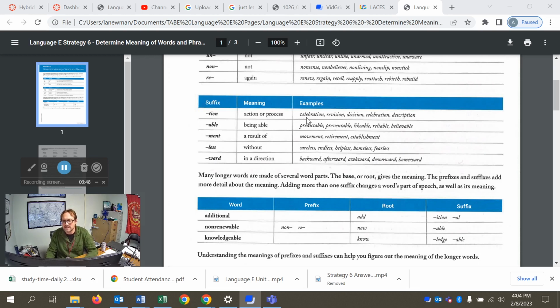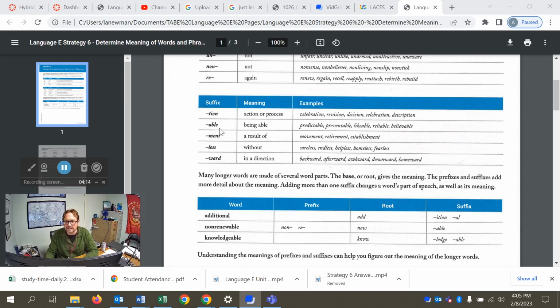Our example here would be celebrate, the verb. If we want to turn it into a word that means the process of celebrating, then we make celebration. We drop the E and add ion. The process of revising is revision. The process of deciding is decision.